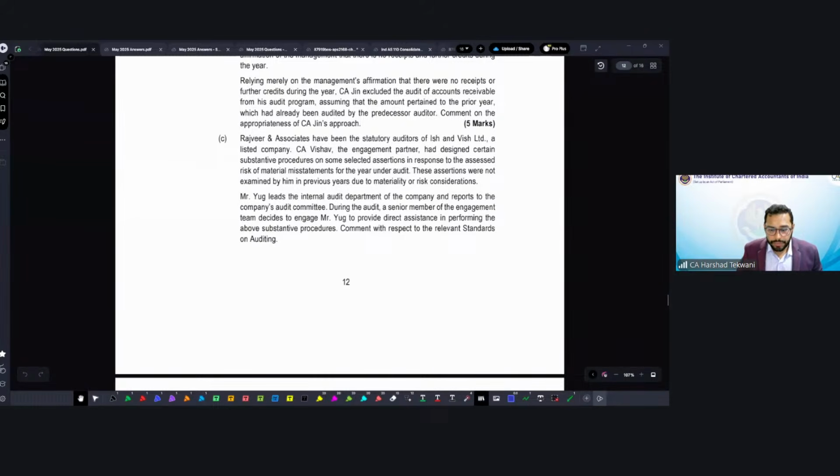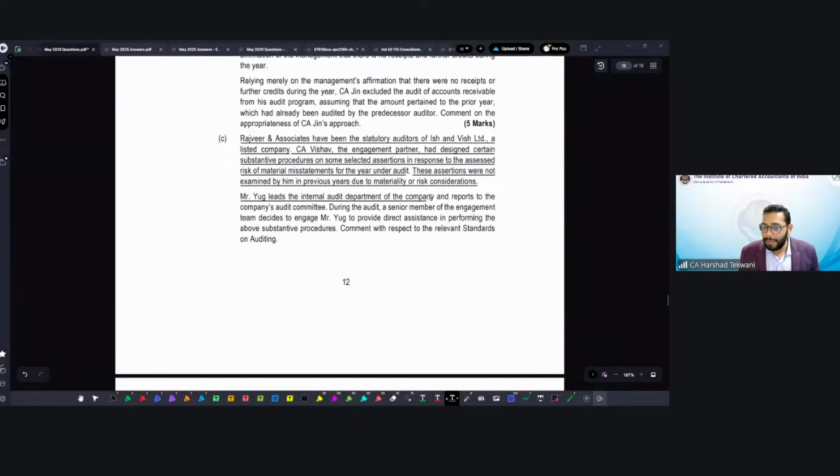Rajiv and Associates have been the statutory auditor of Ish and Wish Limited, a listed company. CA Vishwas, the engagement partner, has designed certain substantive procedures on some selected assertions in response to the assessed risk of material misstatement for the year under audit. These assertions were not examined by him in previous years due to materiality or risk considerations.